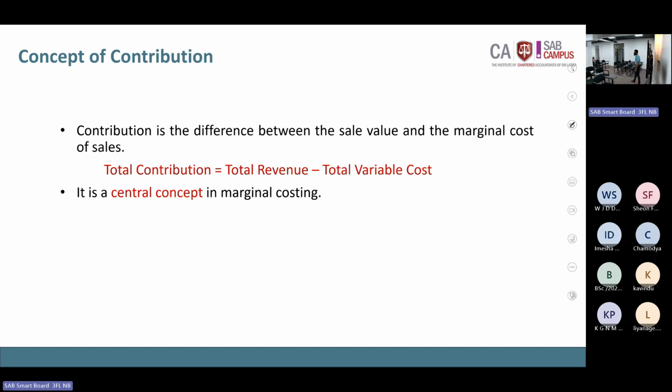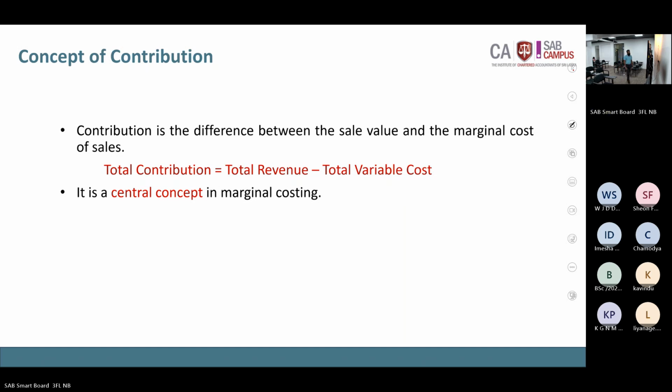And this is the main concept of the break-even point, that is the contribution. So contribution is the difference between the sale value and the marginal cost of sales. It means from the total revenue or the selling price, if we remove the variable cost, the remaining part we call it as contribution.